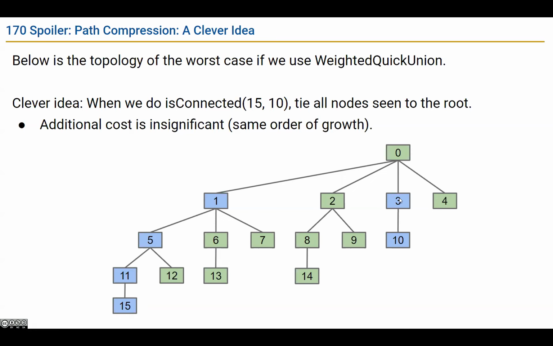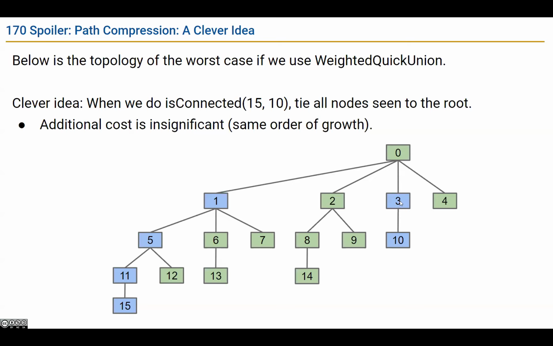So the clever idea that's going to take us to the next dimension of really fast disjoint sets implementations is, as you climb the tree, you should keep track of all the things that you see along the way. So as I go, I notice that 11, 5, and 1 are all part of team 0, and so is 3.